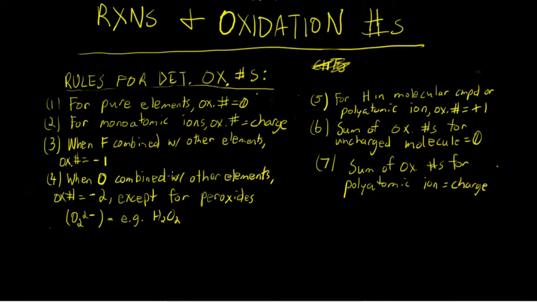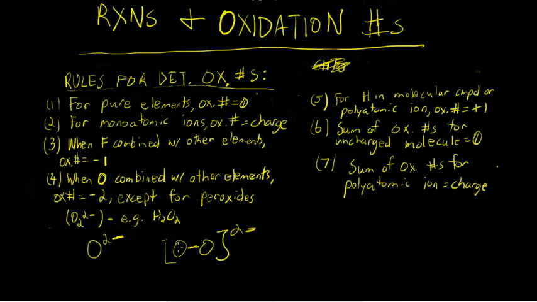So when oxygen is combined with other elements, its oxidation number is -2, except for in the case of peroxides. Peroxides are compounds with the ion O2 2-. Typically you'll see an O2-, so oxygen would bear a -2 charge, but in this case, the diatomic oxygen, this polyatomic ion here, bears the -2 charge.